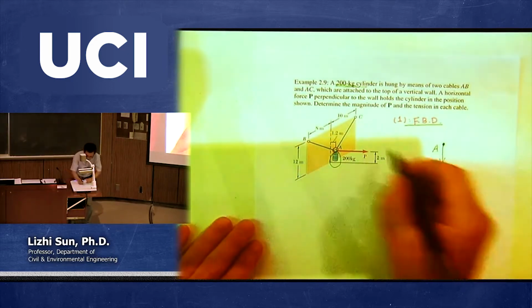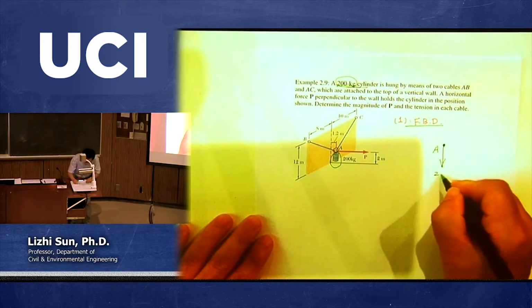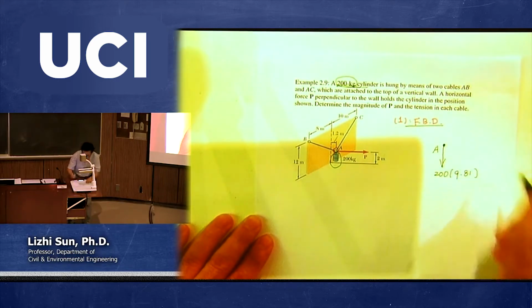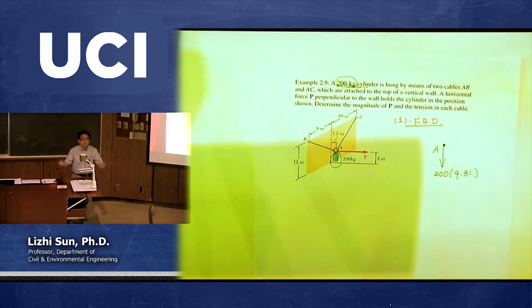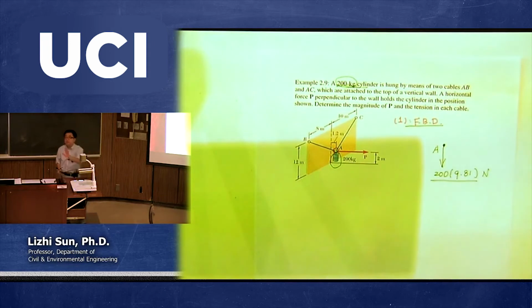So always remember, when you see a self-weight in terms of kilogram, you need to have 200 kilogram times 9.81 to transfer to Newton. You punch your calculator, whatever result you got, that's in terms of Newton, and that's the force unit. So for any international unit you are dealing with, if you see a kilogram, make sure you multiply with 9.81. Okay, so that's the first force acting on point A.